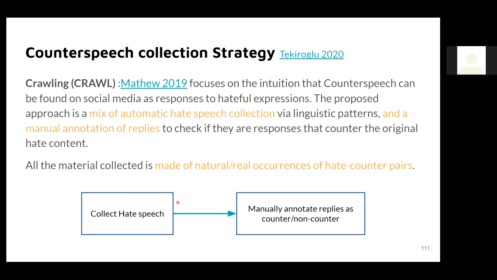Right. So next, I'll talk about some of the counter speech collection strategies, which were listed in Tekiroglu 2020. The first is the crawl method. Here, the hate speech is collected using a mix of linguistic patterns, and then they manually annotate the replies as either being hate counter speech or not counter speech. The advantage here is that all the material collected is made up of natural or real occurrences of hate-counter pairs.